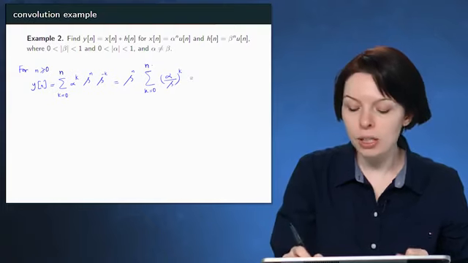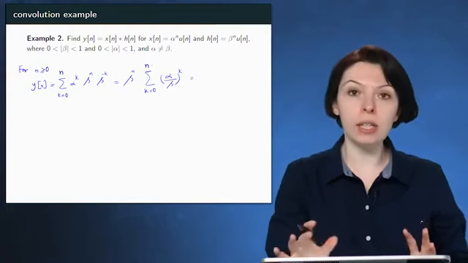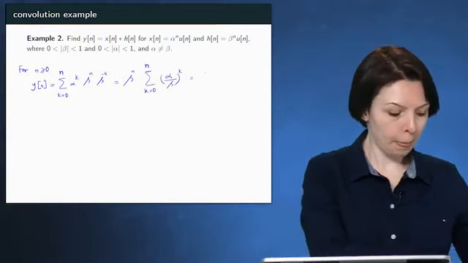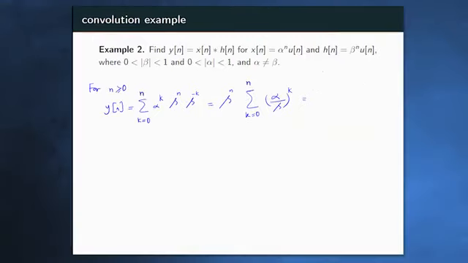So I'm going to replace it with its final value. The final value for this summation is beta to the power of n plus 1 minus alpha to the power of n plus 1, divided by beta minus alpha. All right, so this is for n positive or 0. For n less than 0, y of n is equal to 0.